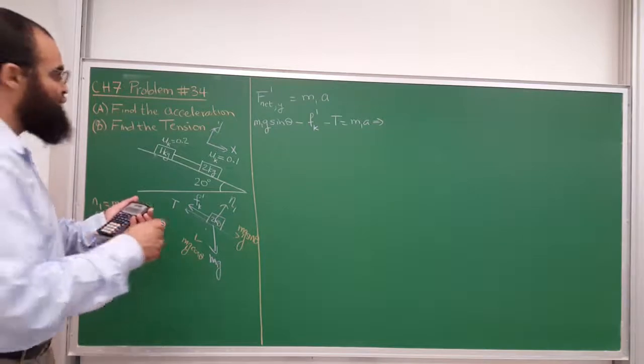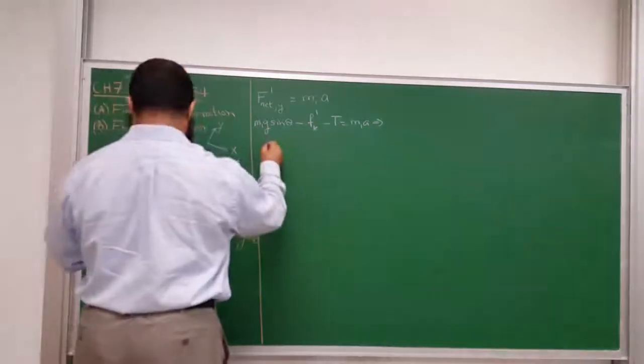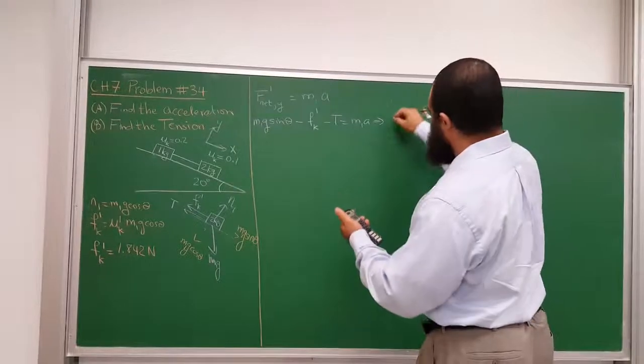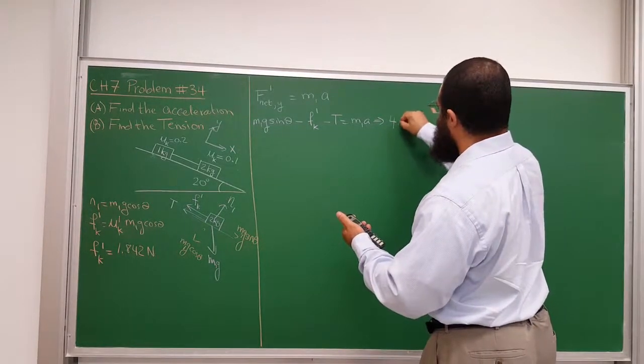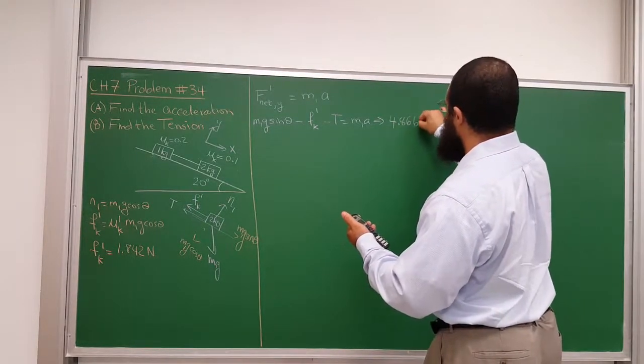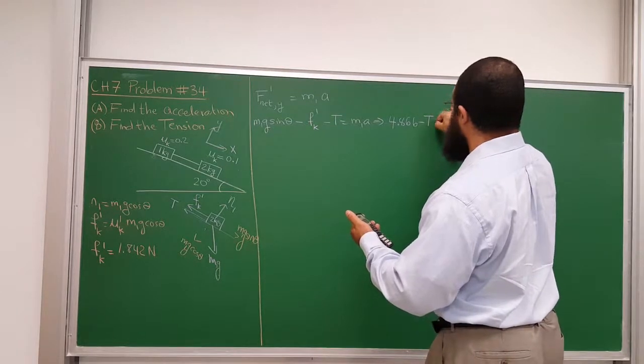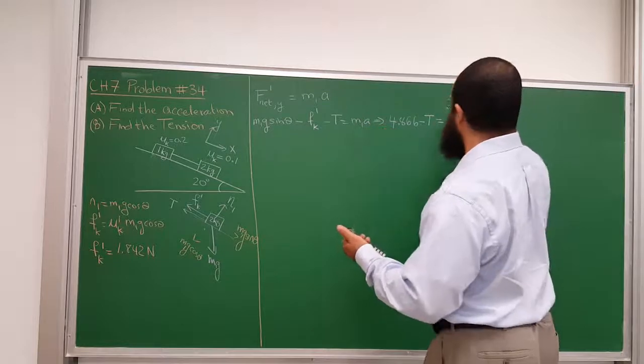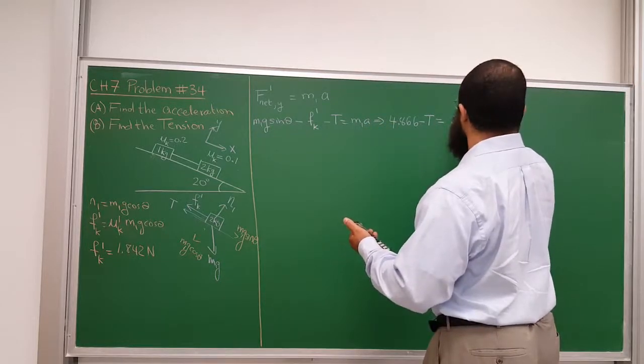That will give me 4.862 minus the tension equals m1 times the acceleration. The m1 is 2, so 2 times the acceleration, twice a.